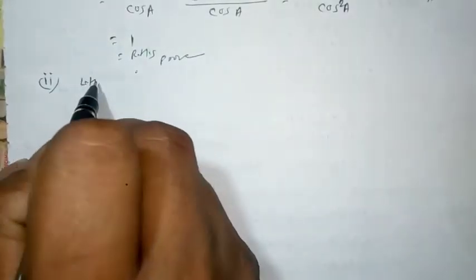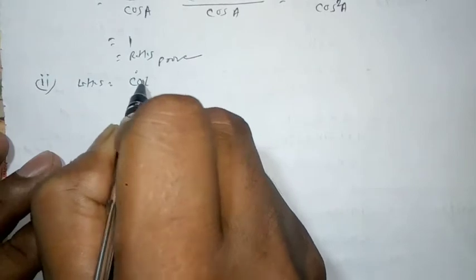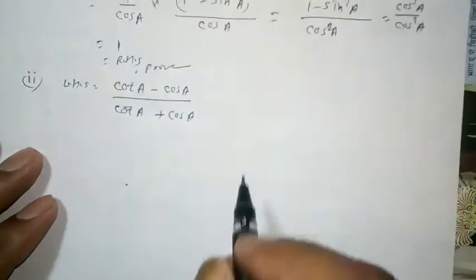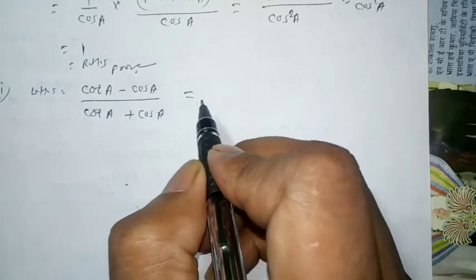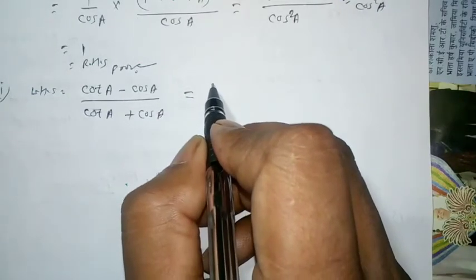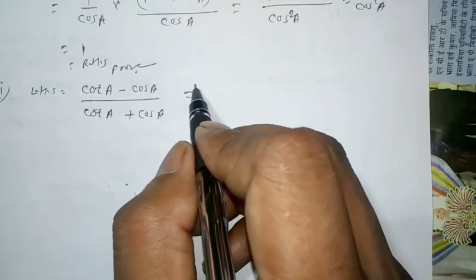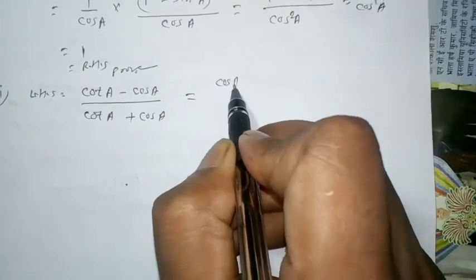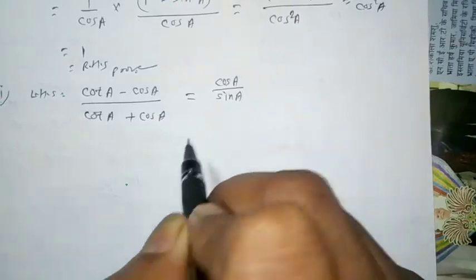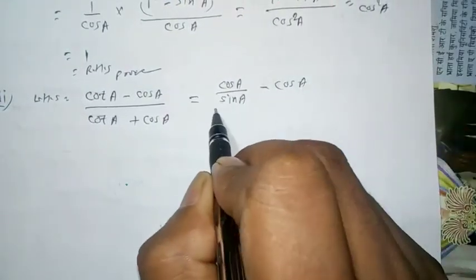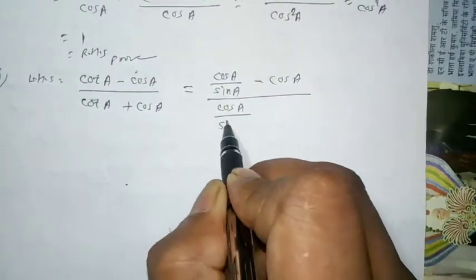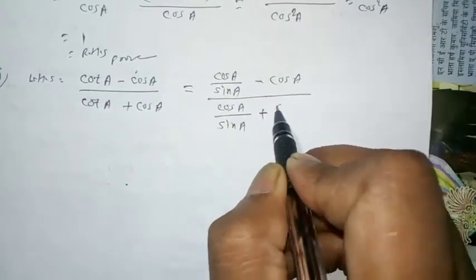LHS: cot A minus cos A by cot A plus cos A is equal to, cot A being cos A by sin A, cos A by sin A minus cos A by cos A by sin A plus cos A.